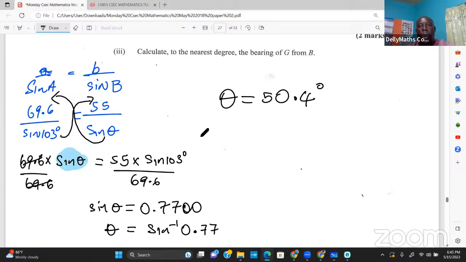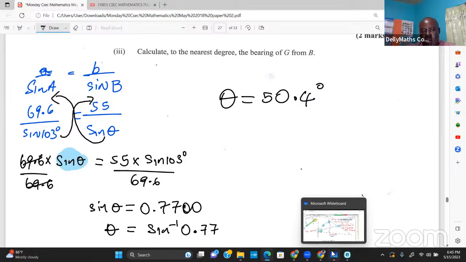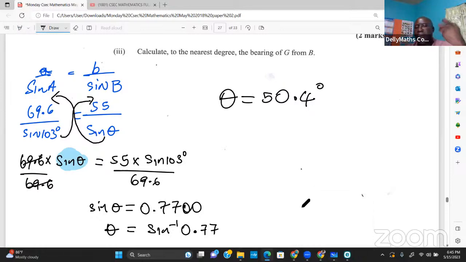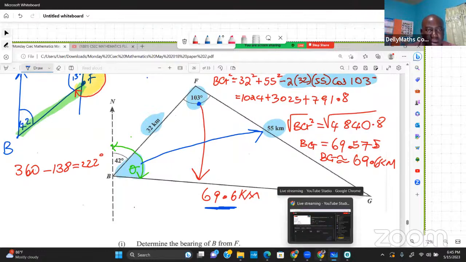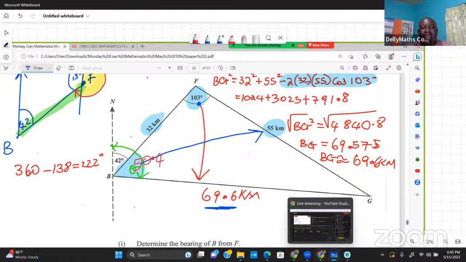Now, how are we going to use that? We find the angle we're looking for and put it right here, 50.4. We're adding the 42 with the 50.4 to get everything coming to that line.